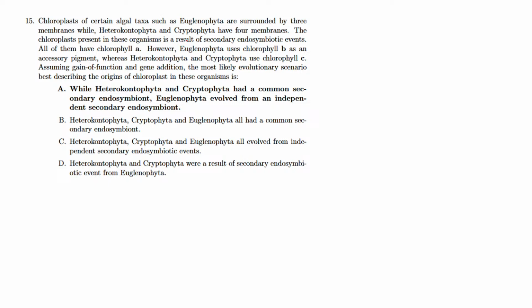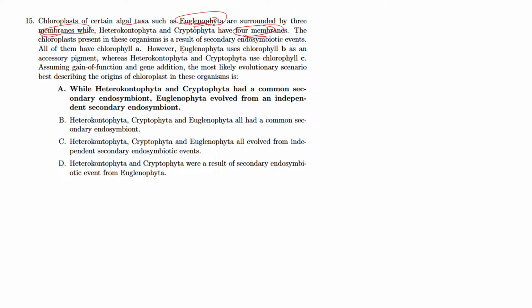This is again a question from evolution, which says that the chloroplasts of certain algal taxa such as Euglenophyta are surrounded by three membranes, while Heterocontophyta and Cryptophyta have four membranes. So I can say that there is a membrane difference between these two classes of algae.